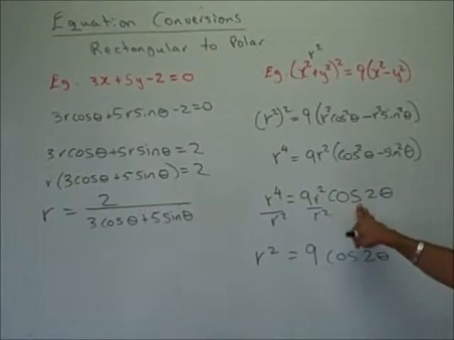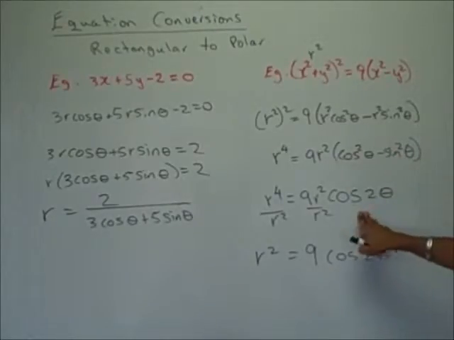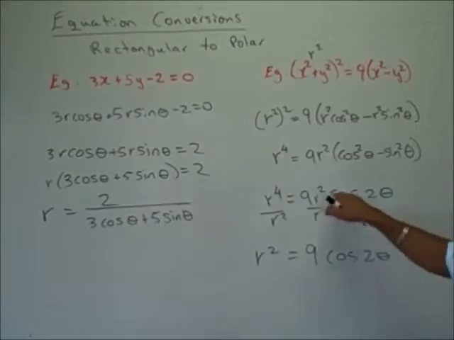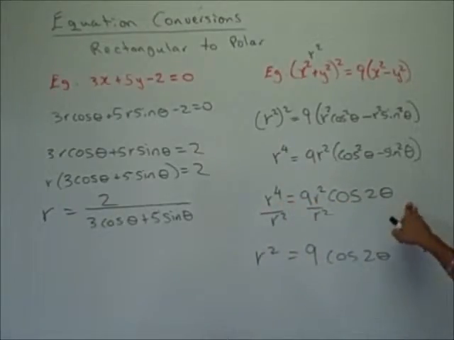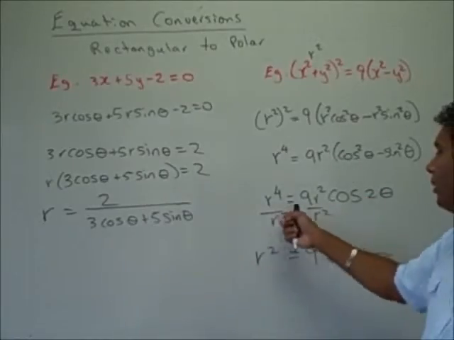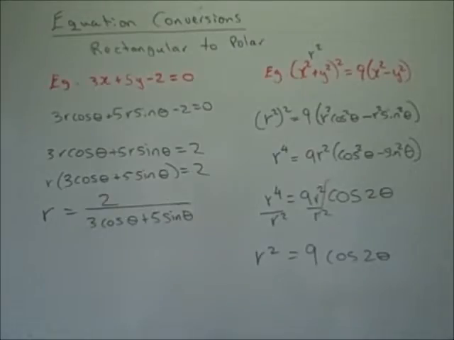It's actually equal to cosine of 2 theta. So instead of all of this, we write cosine of 2 theta. So now we have r to the 4th power is equal to 9r squared cosine 2 theta. Dividing both sides by r squared, we end up with r squared equal to 9 cosine 2 theta.